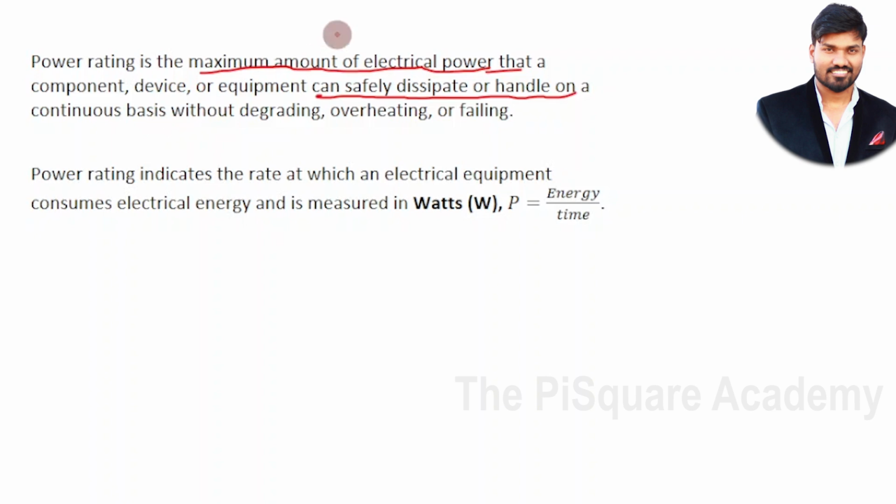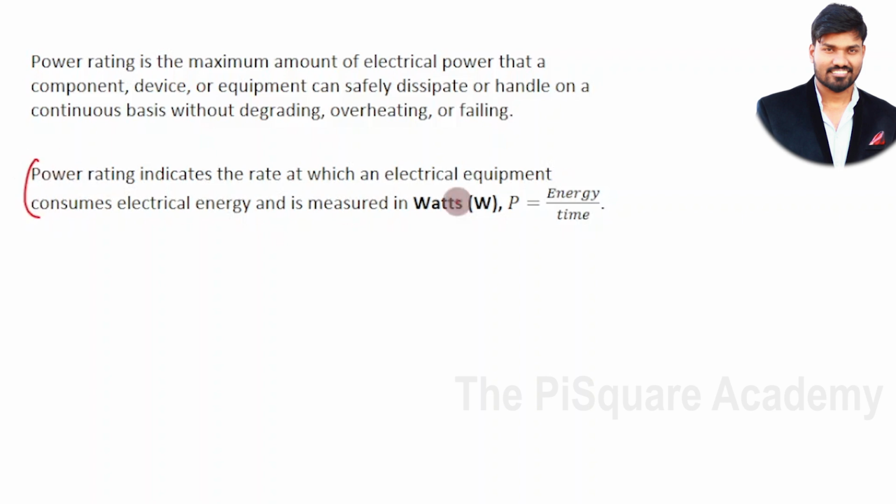Suppose it is a 70 watt fan, it can continuously dissipate 70 watts of power without overheating or failing. So it's a continuous rating. That's what the power rating is.